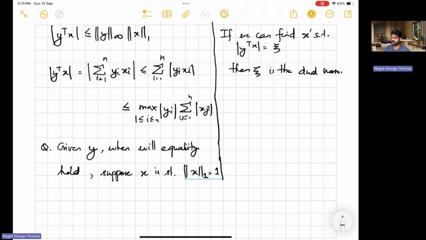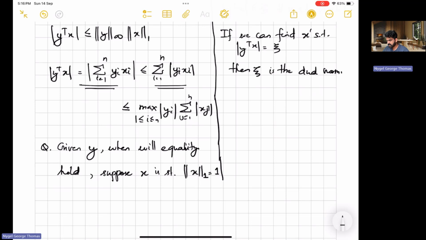So let's first look at a case where this equality holds. First of all, for a given y, for this equality to hold, x and y have to be positive numbers. That is one condition, because the modulus of a summation is equal to the sum of the moduluses if all the numbers are positive.